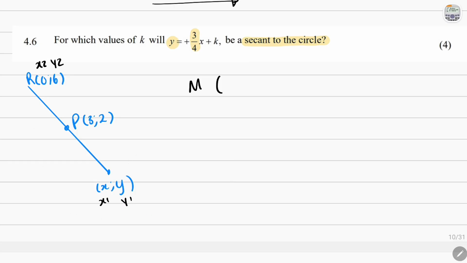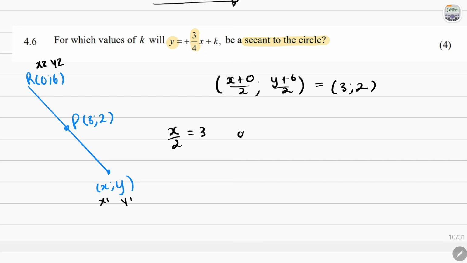So, okay, we've labeled them, and now we can just say (x + 0) over 2, and then (y + 6) over 2. And this midpoint is equal to the midpoint that we already have, the center of the circle, which is (3, 2). So x over 2 equals 3, and (y + 6) over 2 equals 2.